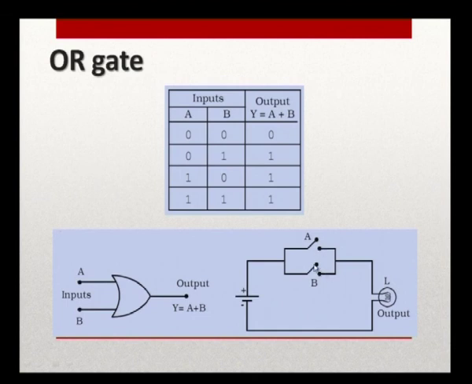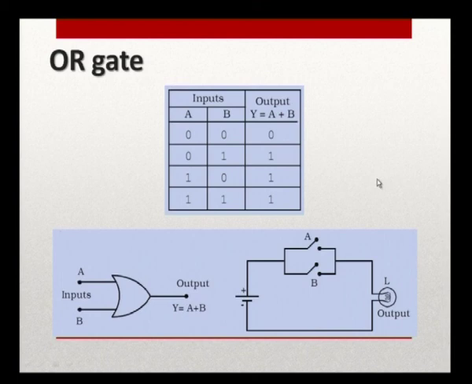If either A or B or both A and B are closed, then there will definitely be a current possible in the output, the lamp will glow, which is the high condition. So at least one input is to be closed, or both inputs should be closed, that is the meaning of 1 here to get an output 1.